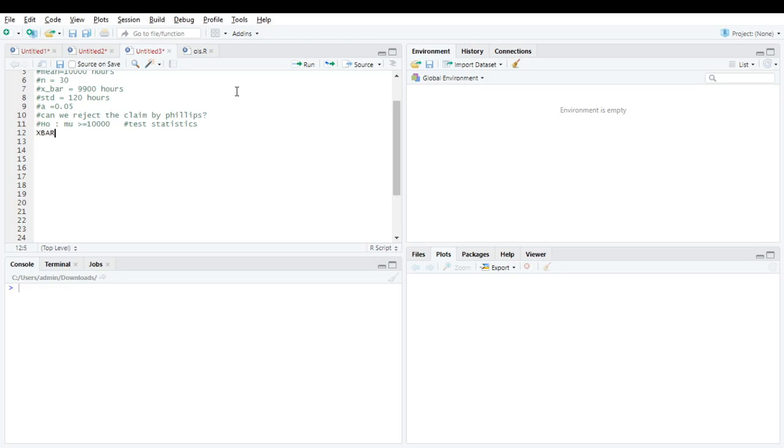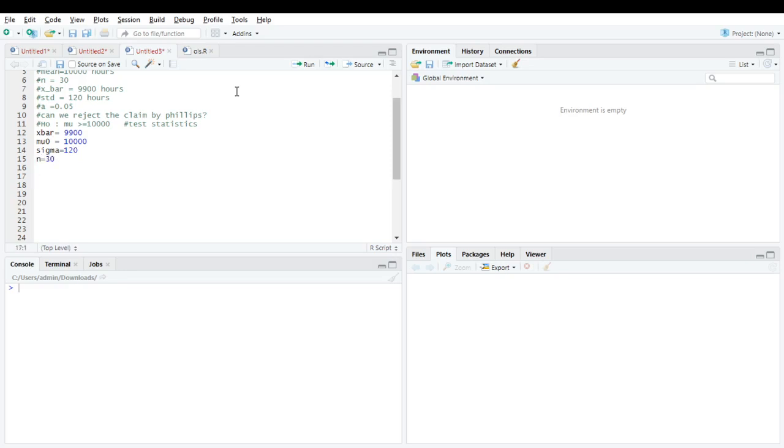Just quickly writing down, we have x bar, which is the mean of the sample, as 9900. Then we have our mu, which is 10,000. We have our sigma, which is 120, and we have our n, which is 30.